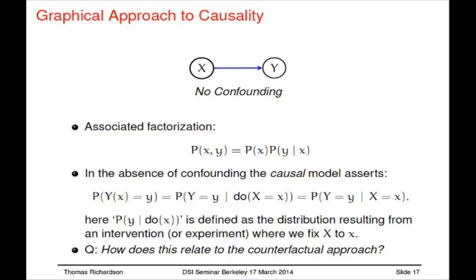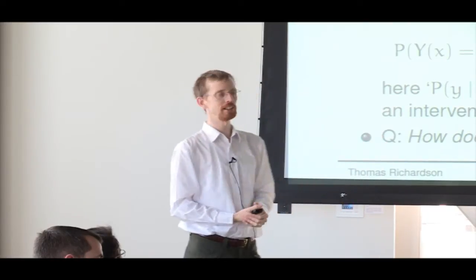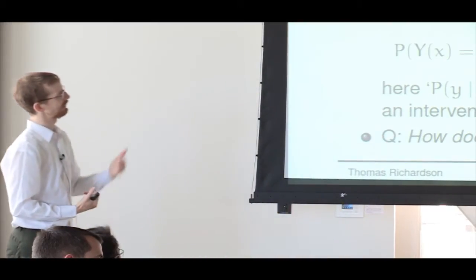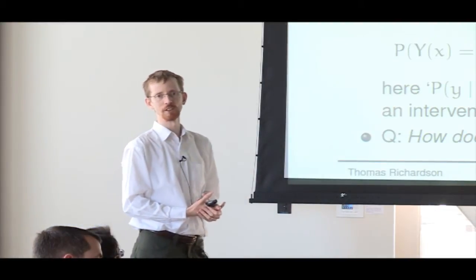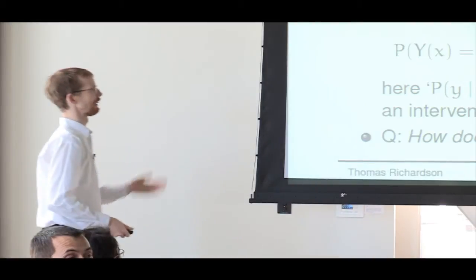I've taught classes with people who start off describing the potential outcome approach, and then I describe the graphical approach, and then people ask, how do these two things relate? And the answer is that prior to the approach I'm showing you, it has not been very easy to relate these two approaches.